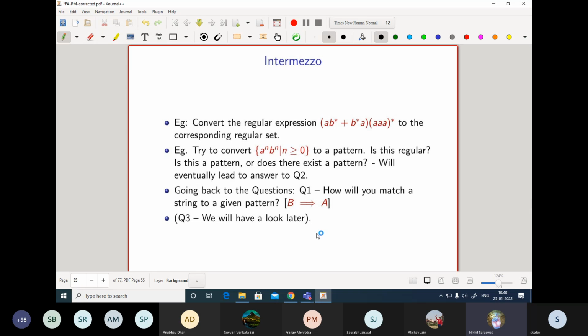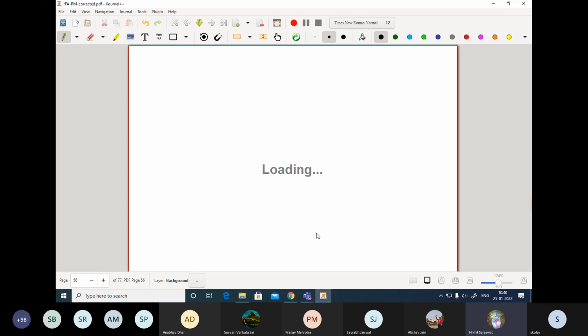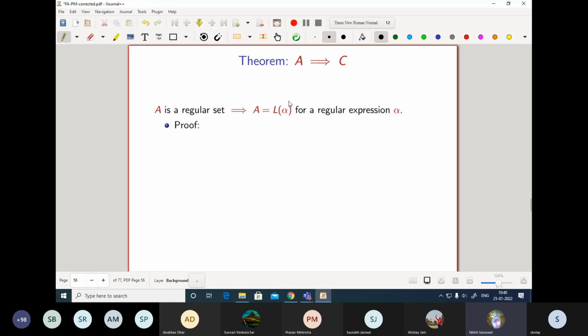And question 3, which deals with the equivalence of any two regular expressions or any two patterns, we will look at a little later. But let's complete the proof first. What is remaining of the proof is A implies C, meaning that if A is a regular set, then A is actually a language matching a regular expression alpha.